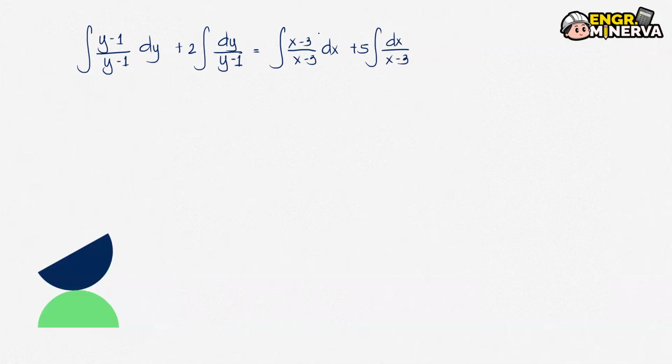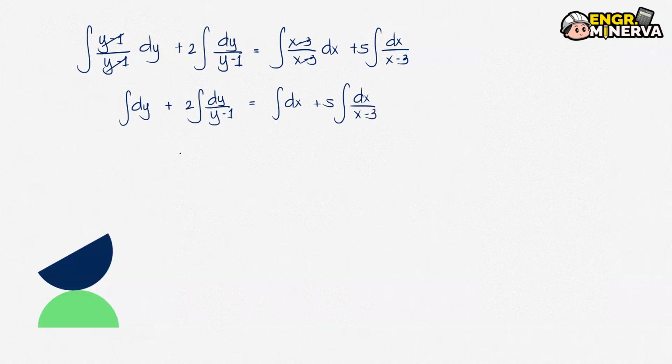And we can now integrate. This would be integral of dy plus 2 integral of dy over y minus 1 equals integral of dx plus 5 integral of dx over x minus 3.